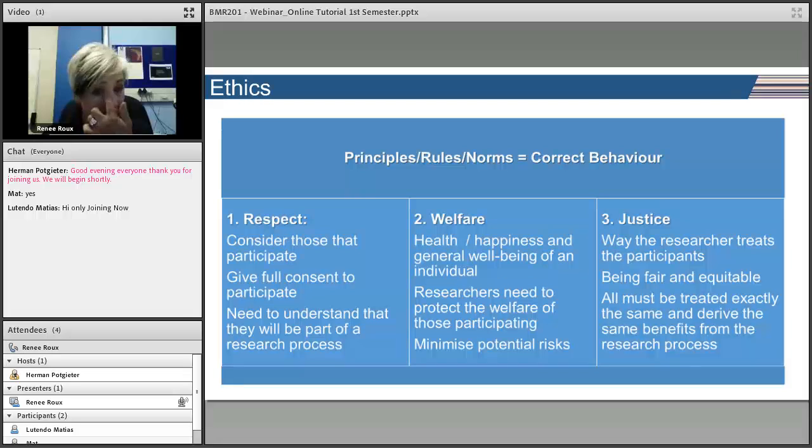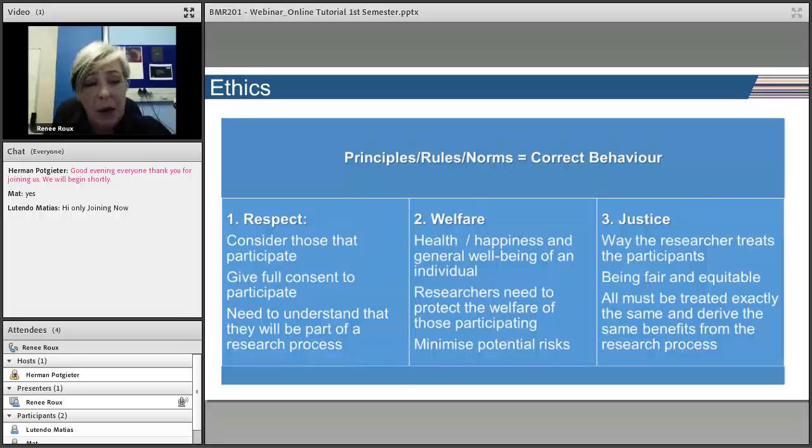Let's talk a bit about respect. Respect is really, first of all, that you need to have respect for the people that participate in this research. They need to understand why they are participating. They need to have an option in whether they want to participate or not, because it's going to take time from them and they need to share information.